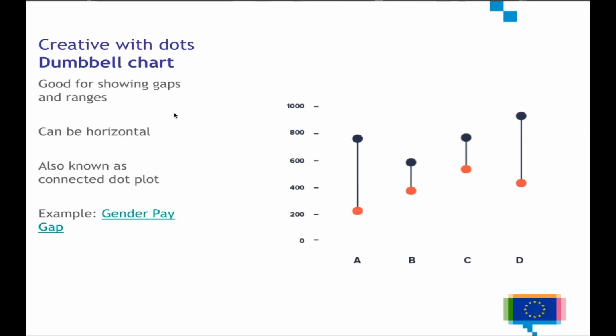Of course, this can also be a dumbbell chart in a horizontal way. If you rotate it 90 degrees, you will also have a dumbbell chart. This chart type is also known as the connected dot plot. So let me show you an example.